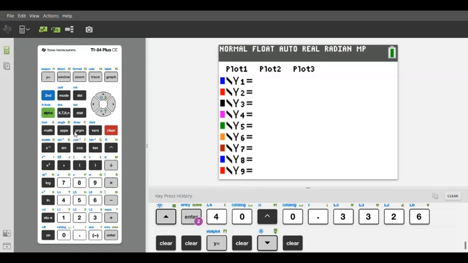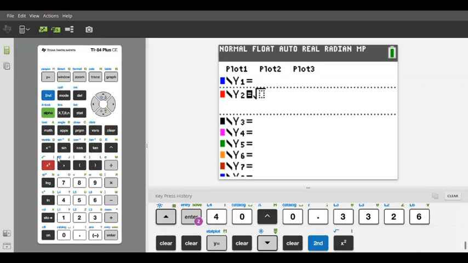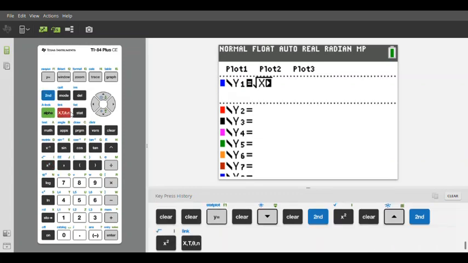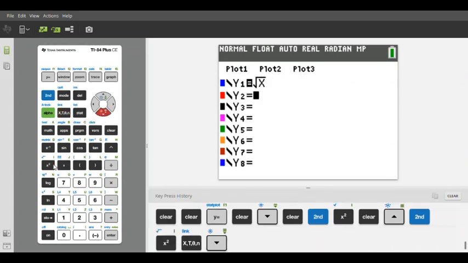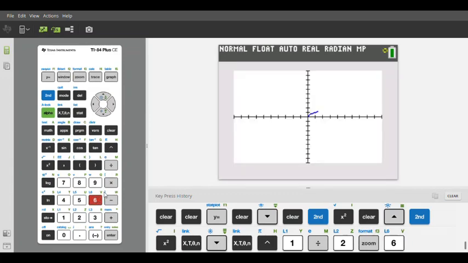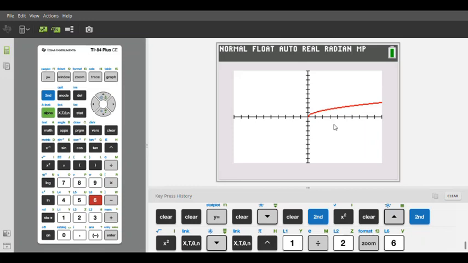Alright, so the first one is the square root of x. Oops. So let's put that in y1, x raised to the 1/2. Okay, and if I do a standard zoom on this, what I'll see is the exact same thing.